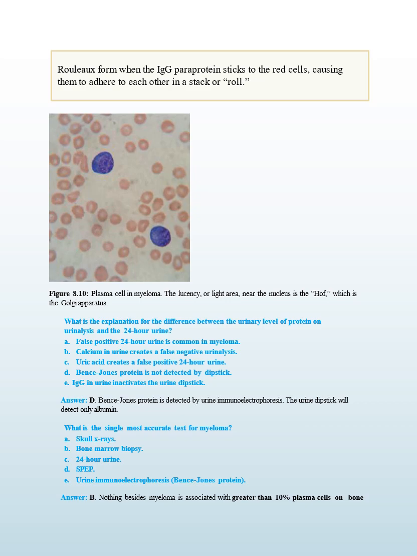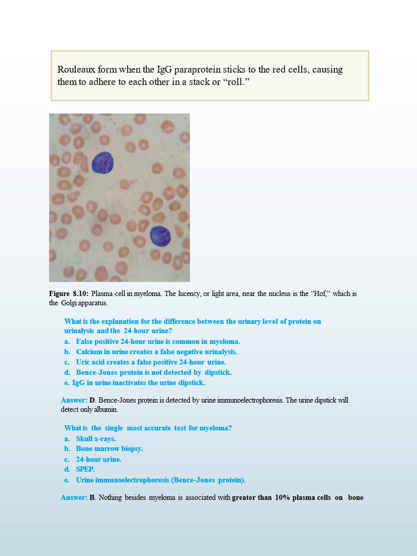Let's do a clinical vignette. The question is asking, what is the explanation of the differences between urinary level of protein on urine analysis and 24 hours urine? A, it's a false positive 24 hours urine, common for myeloma. B, calcium in urine, creatinine is falsely negative on urine analysis.